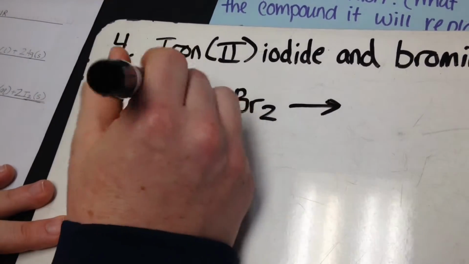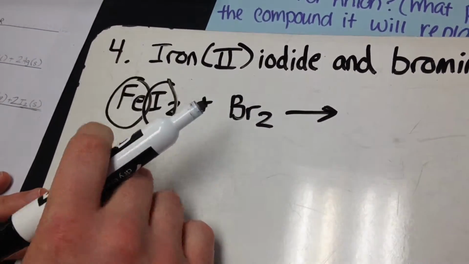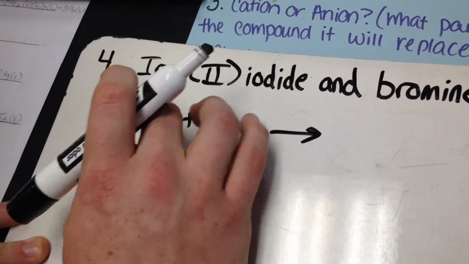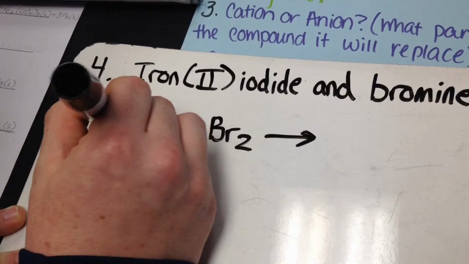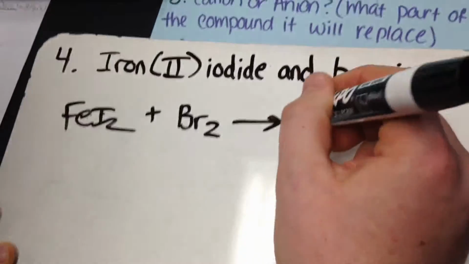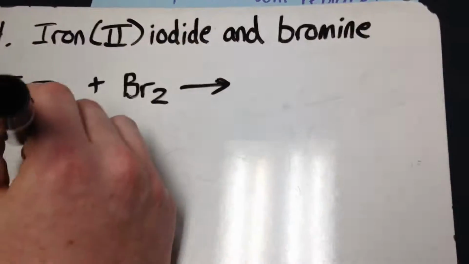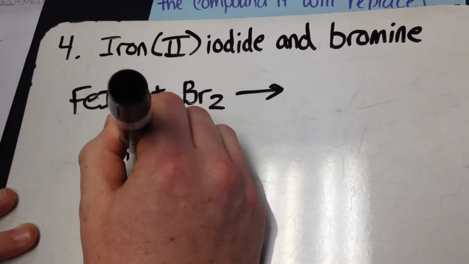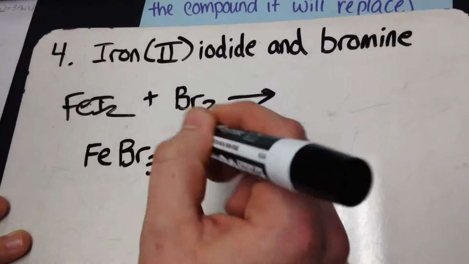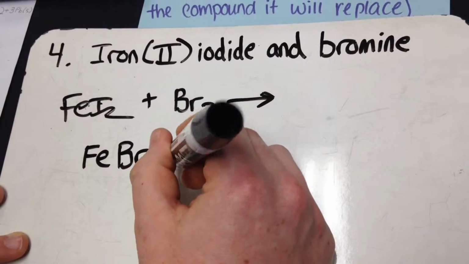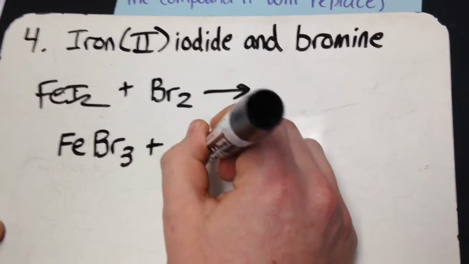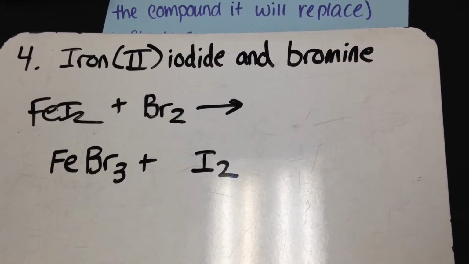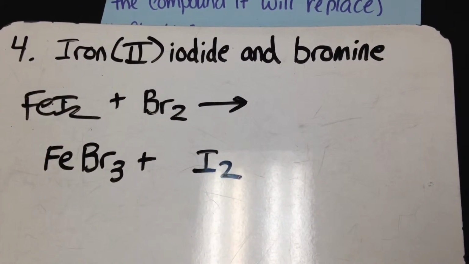Well, your iodide will be the lone element. So 2. You're going to get FeBr3 plus I2. Since iodide's the lone element, it's also a diatomic, so it gets I2.